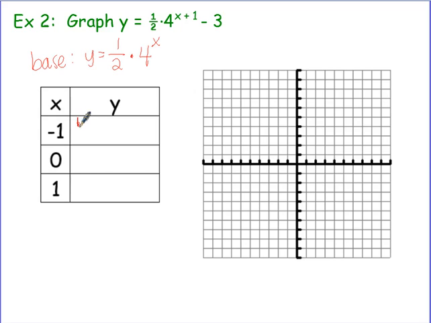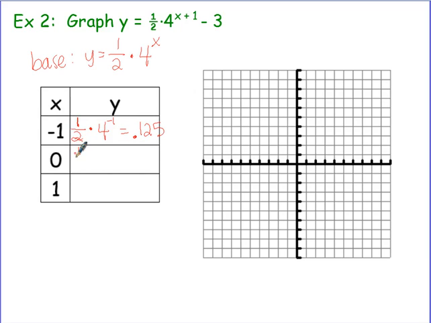1, you're going to type in your calculator, 1 divided by 2 times, whoops, that should be a 4. 1 divided by 2 times 4 to the power of -1. Your calculator should tell you 0.125.